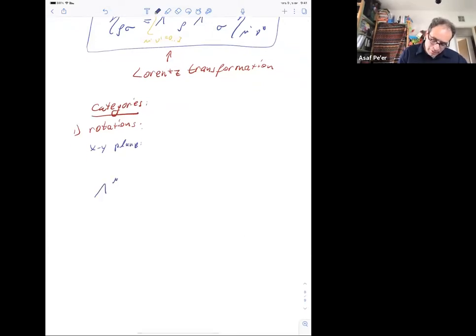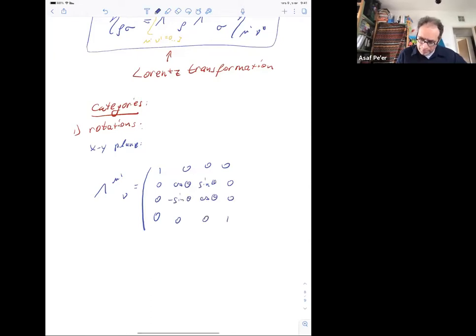Lambda mu prime nu. You know how it looks. 1, 0, 0, 0, then 0, cosine theta, sine theta, 0, then 0, minus sine theta, cosine theta, 0, then 0, 0, 0, 1. That's a rotation matrix, right?